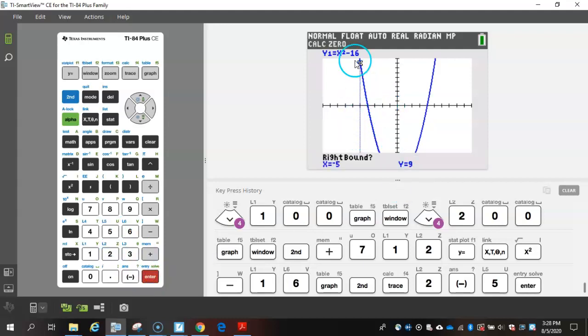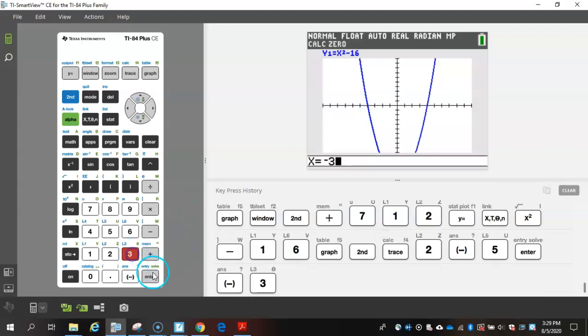And then a line is going to appear. Even in the regular calculators, a line would appear. Then it asks for a right bound. So I need a number that is right of this zero, but that doesn't go past this one. So somewhere in here. It doesn't matter if I do this value 0. It doesn't matter if I do something very close. I'm going to go ahead and say -3, and I'm going to hit enter.